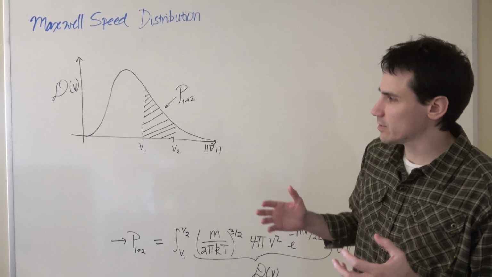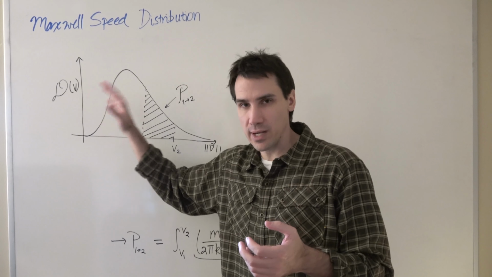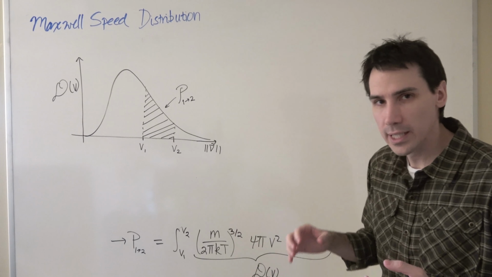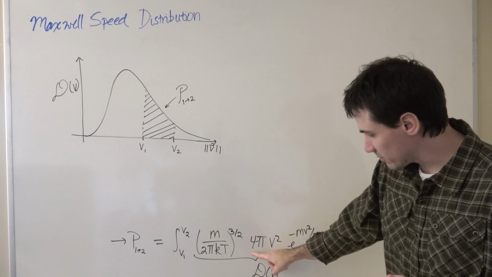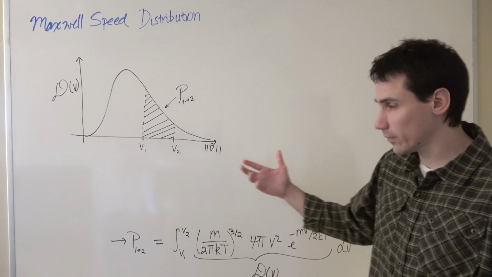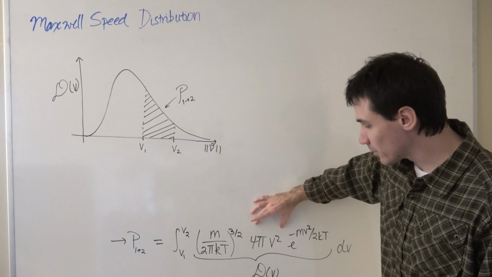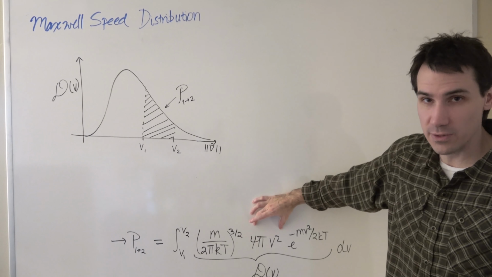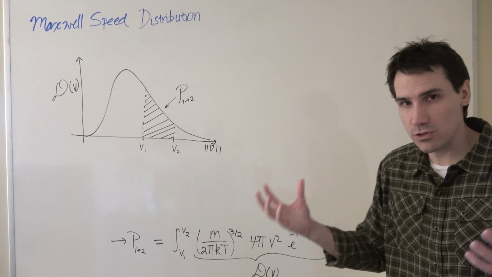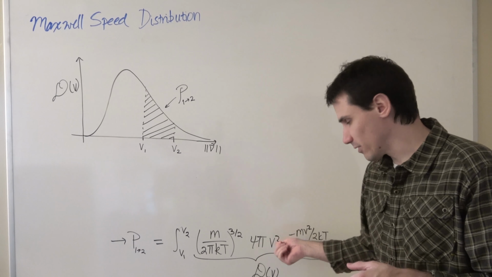What we can tell about this function is first that as our velocity goes to zero, our probability of a particle having that velocity also goes to zero. And this is because of this v squared factor here. So v squared goes to zero as v goes to zero. And what this is telling us is that the number of ways for a particle to have zero velocity is only one. There's no distribution of velocity functions that have zero velocity.